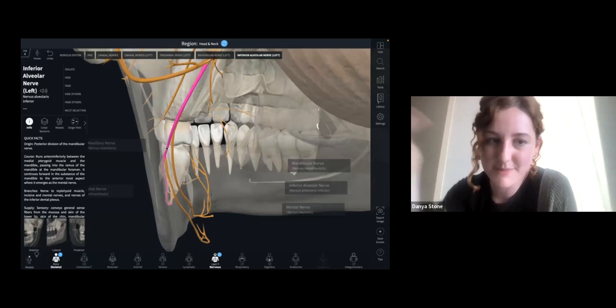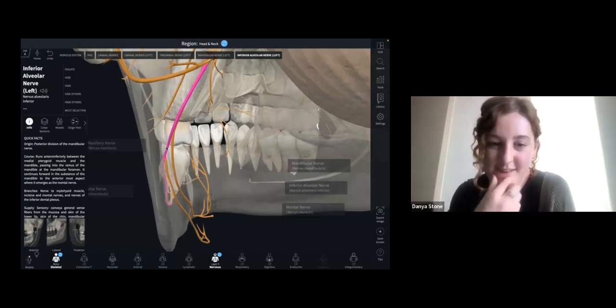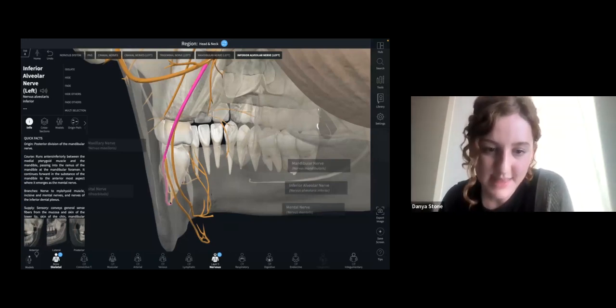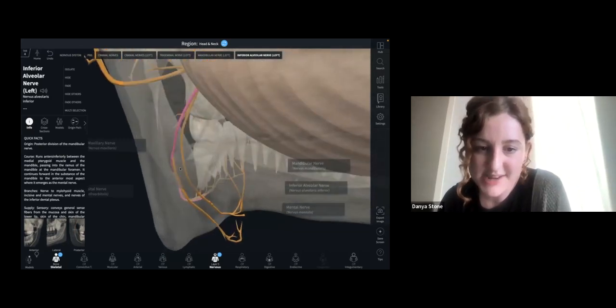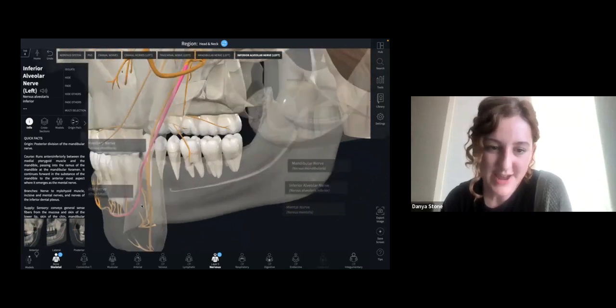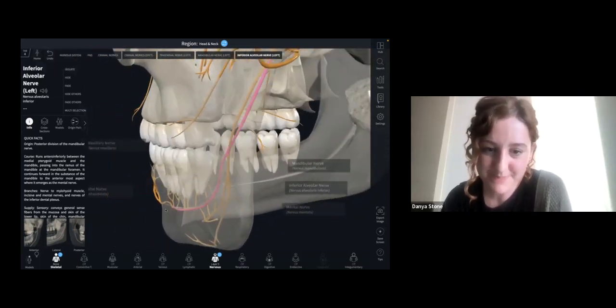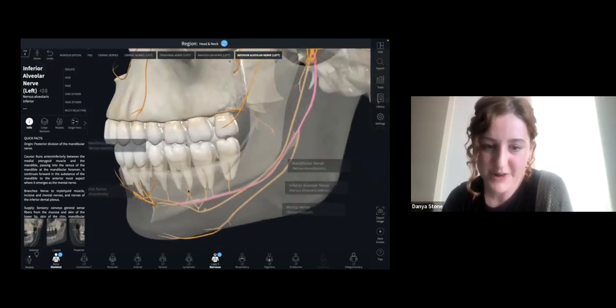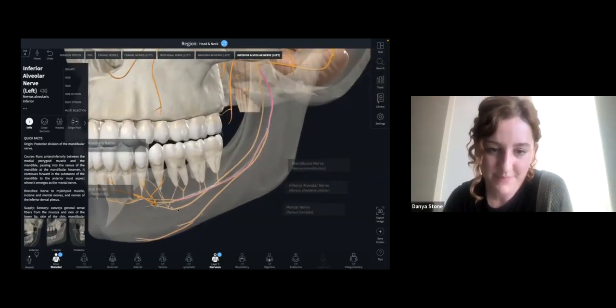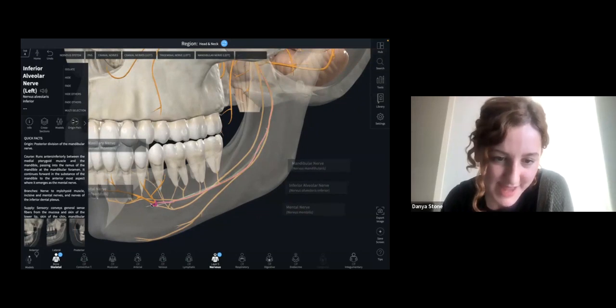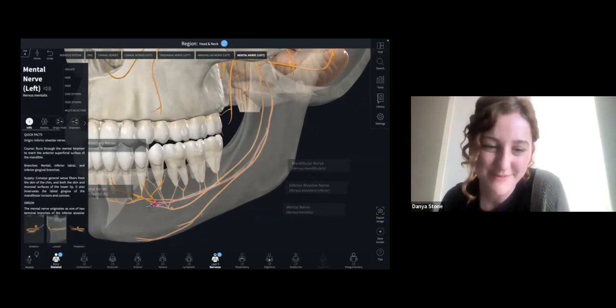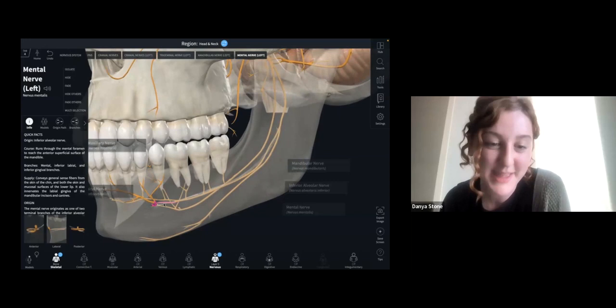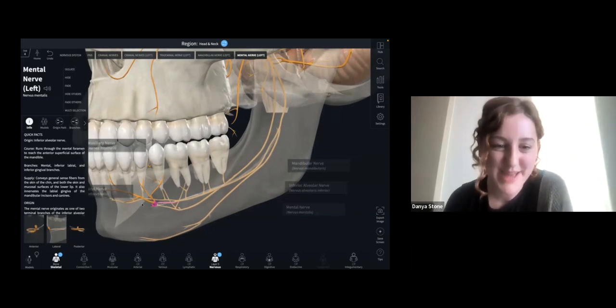Inferior means below. Alveolar tends to relate to the teeth. And this nerve actually disappears inside the mandible. It travels within the bone of the mandible. And you can see it gives little branches up to innervate the teeth along its course. And then it emerges onto the face as something called the mental nerve. So this is the mental nerve coming out here through something called the mental foramen.